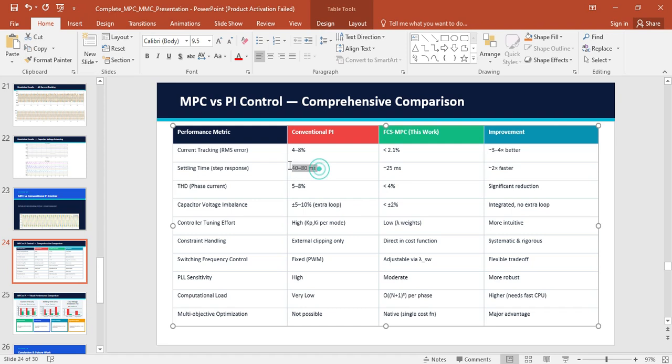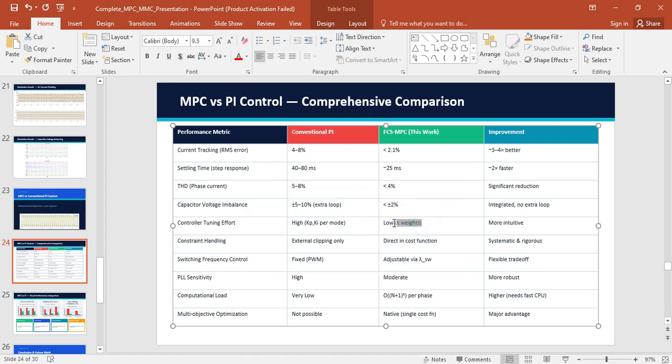Settling times we have 40 to 80 milliseconds, and this is 25 milliseconds, twice faster. THD 5 to 8%, and in the case of MPC it is less than 4%. Capacitor voltage balancing 5 to 10%. This is plus minus 2%, right? Controller tuning effort, this is high, yes.